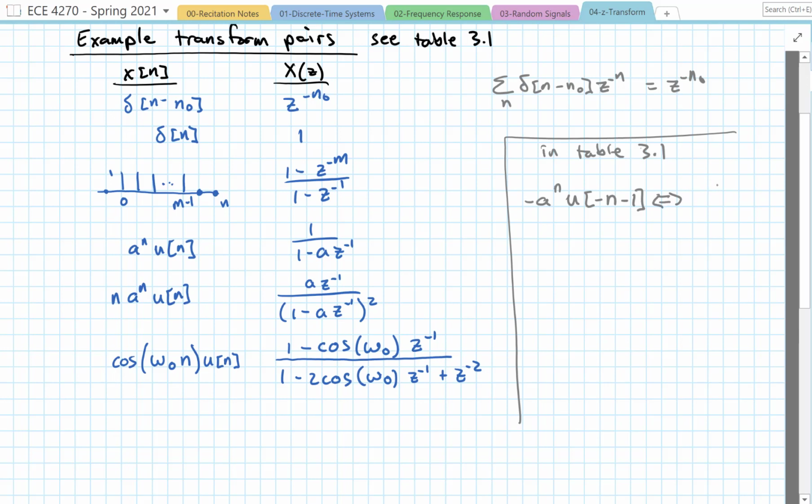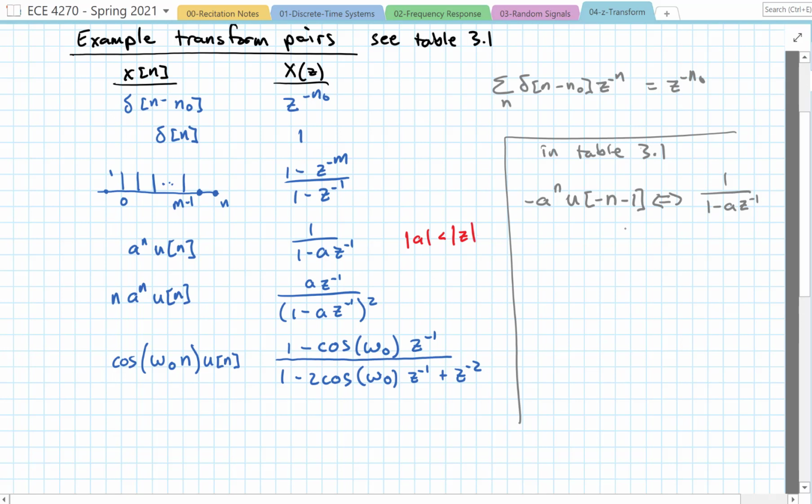And it transforms into 1 over 1 minus a z to the negative 1. So in this case, in the one to our left, in order for convergence, we have to have that a is less than z, or z equivalently is greater than a.